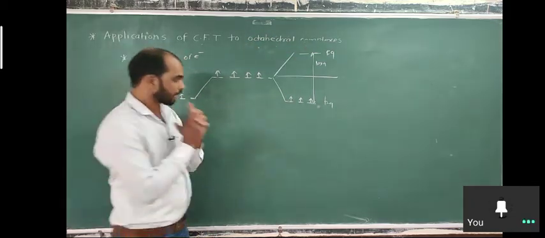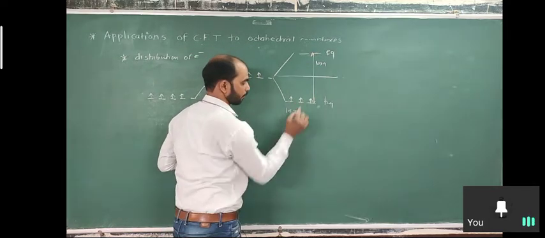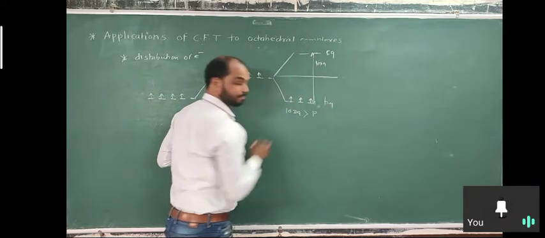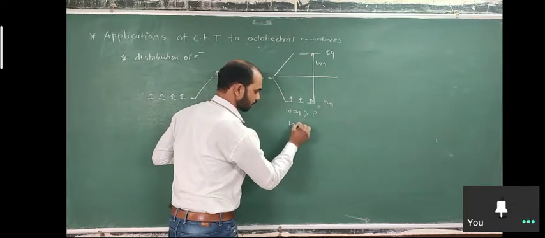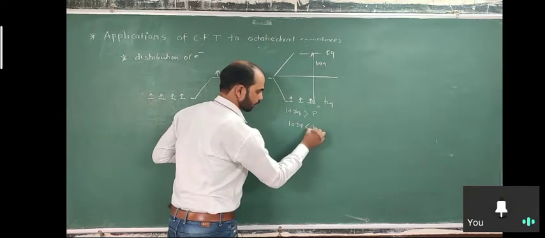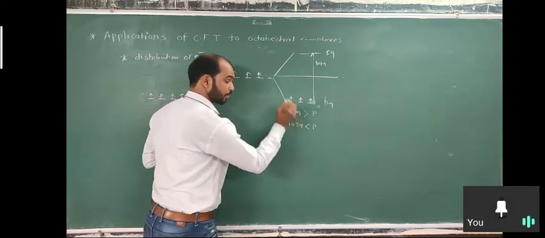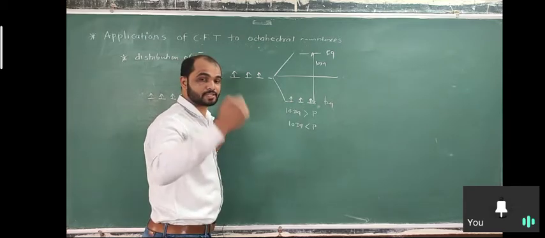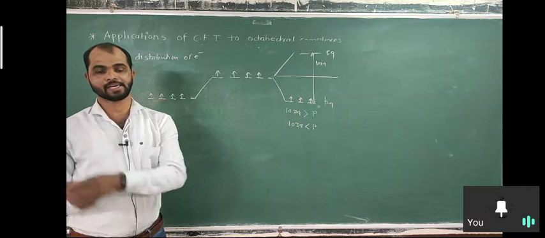That means this is the 10 Dq value, and we have 2 conditions: 10 Dq is greater than P, where P is the pairing energy, or P is greater than 10 Dq.